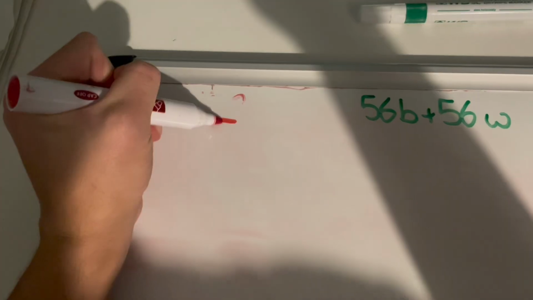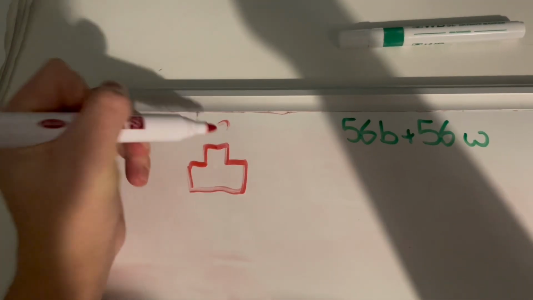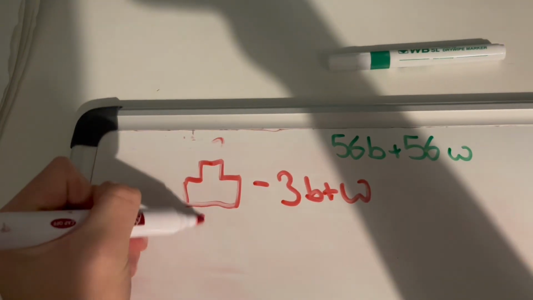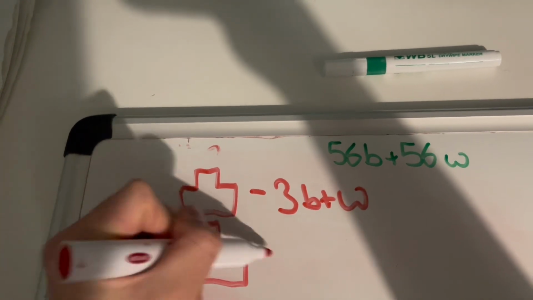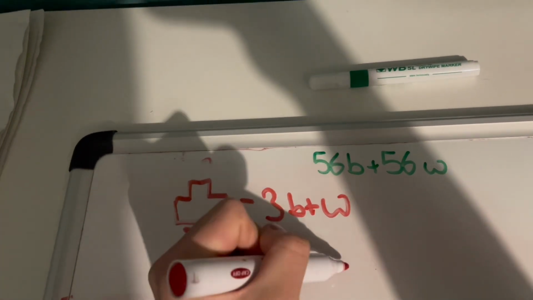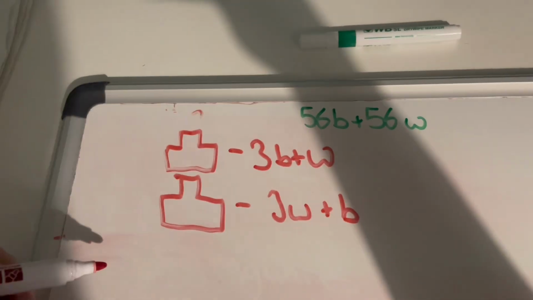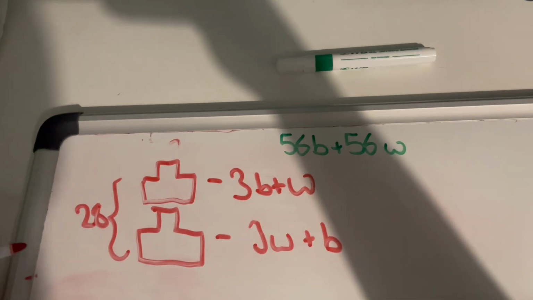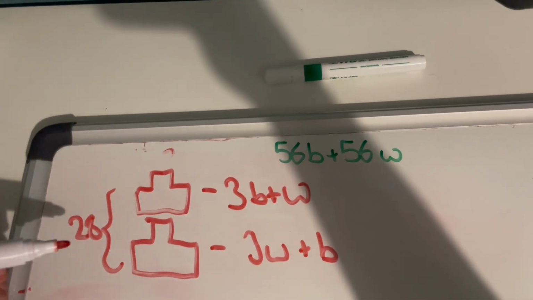Anyway, you're going to consider the 2 possibilities of this piece covering 3 black and 1 white, and 3 white and 1 black. And if you were to combine these 2, you have, from the question, 28 lots of these in total, by the way.